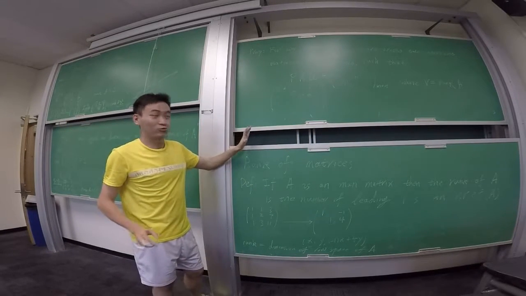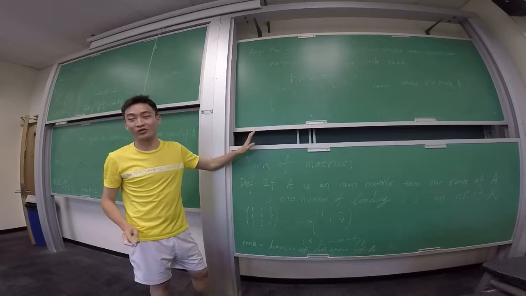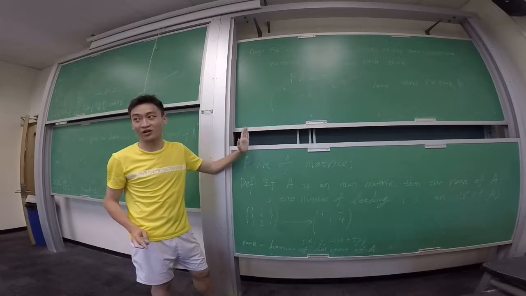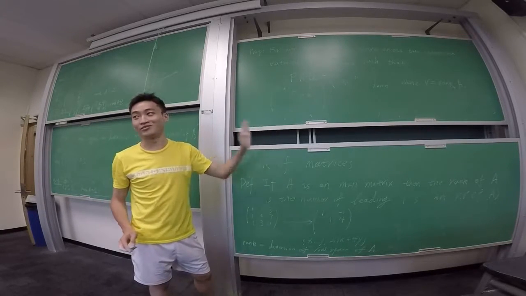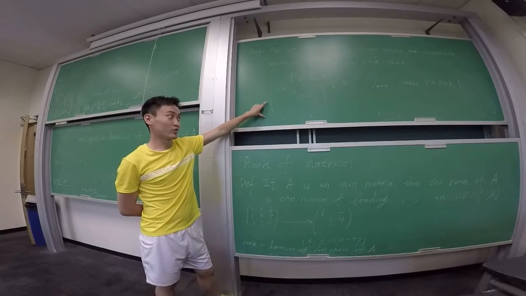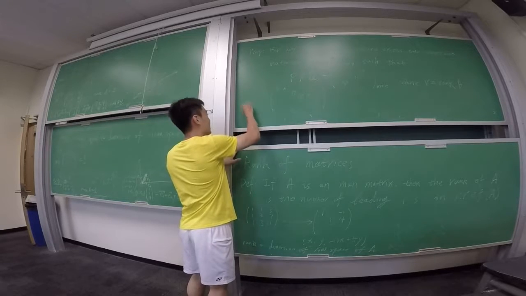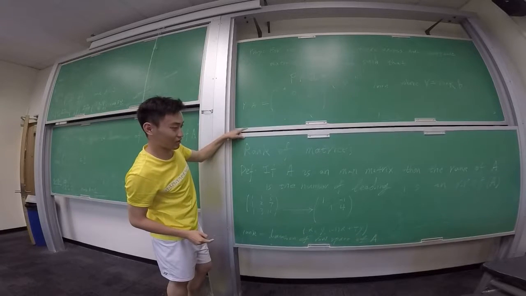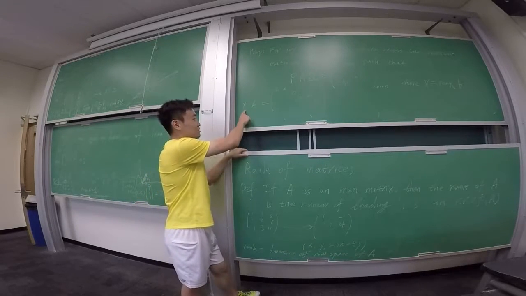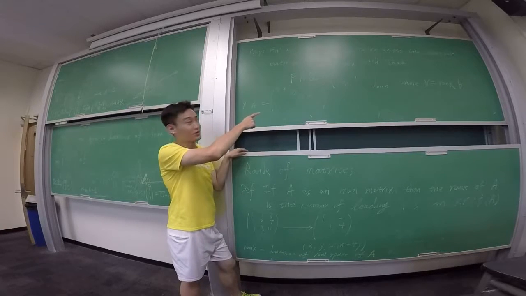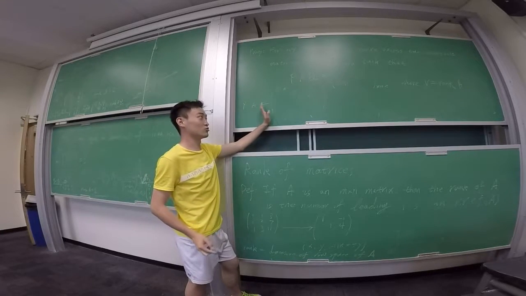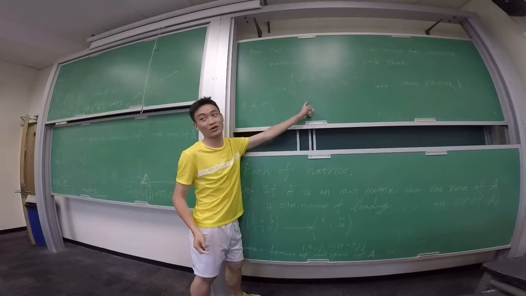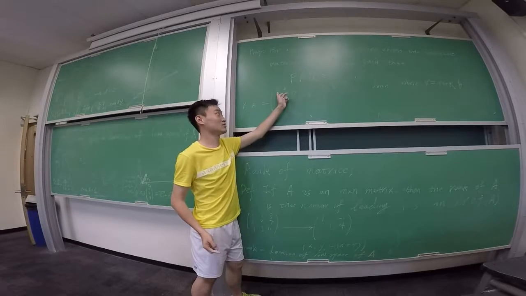Now if you are allowed to do column transformations, then you are able to switch columns, and you are also able to use the columns to clean up all the other dirty stuff. If you have the reduced row echelon form right over here, which is already PA, where P is a matrix such that PA is a reduced row echelon form, then what you do next is use column transformations to clean up this part.